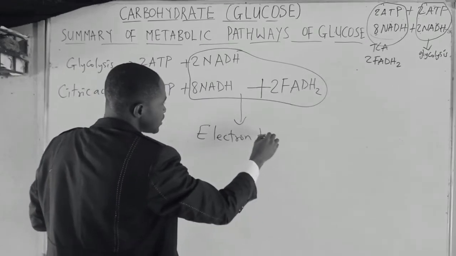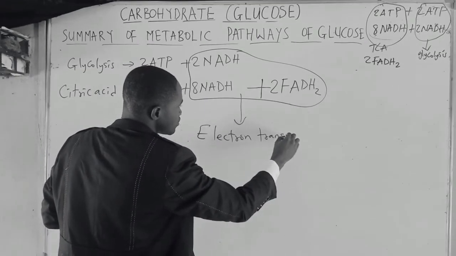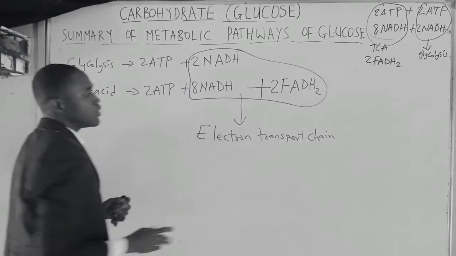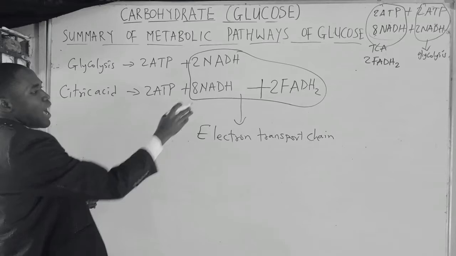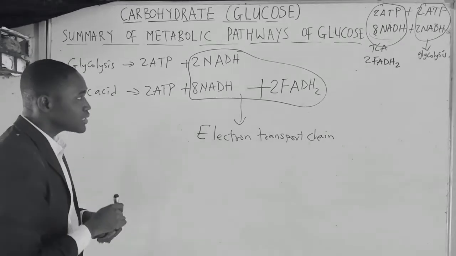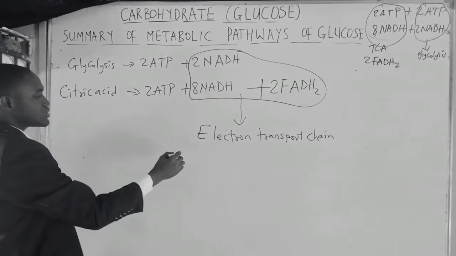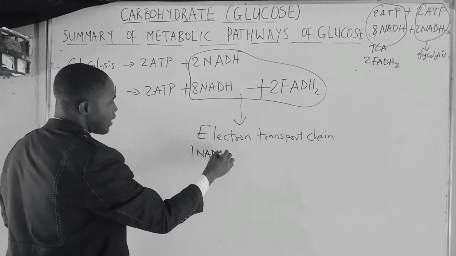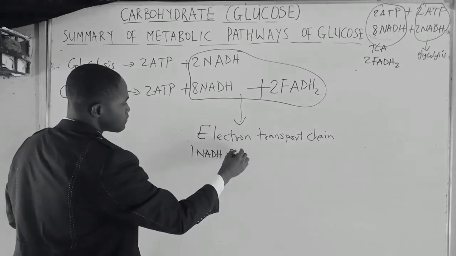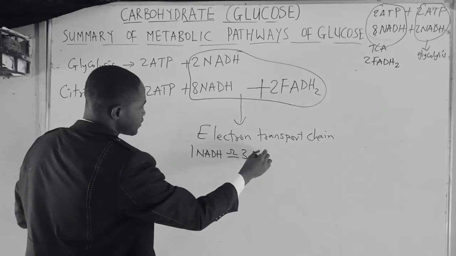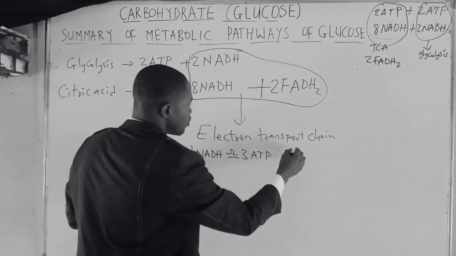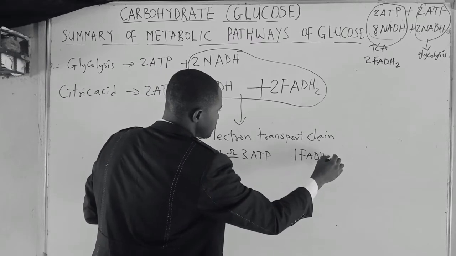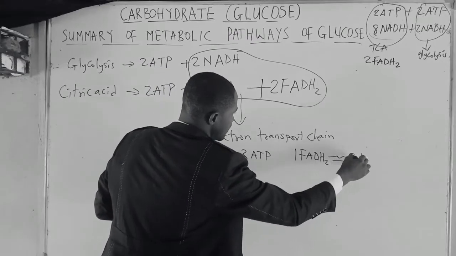In the electron transport chain, the ETC, they are broken down to produce ATP. So how does it happen? Mathematically, it is noted that 1 NADH is approximately equal to 3 ATP, and 1 FADH2 is approximately equal to 2 ATP.